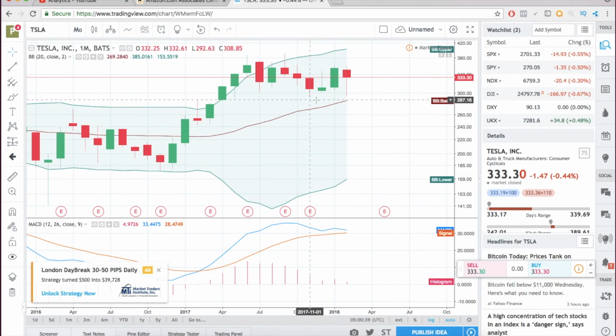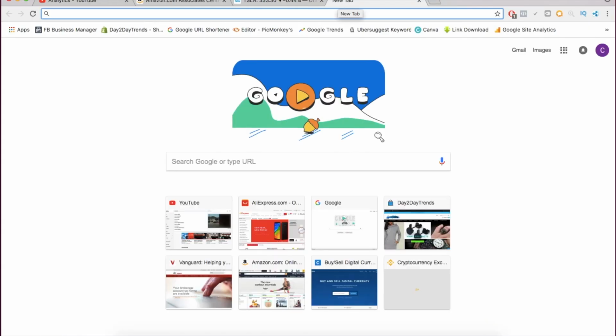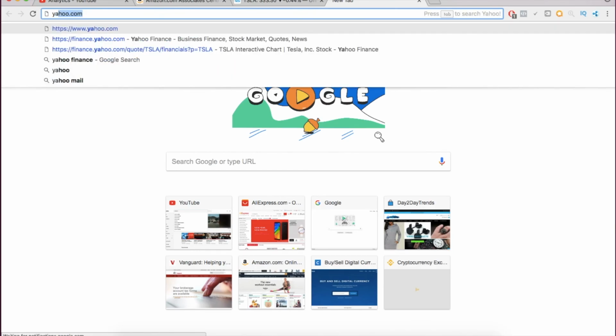For those who want to get a little bit more techy, more technical, and want to understand how to do price projections, price forecasting, this is the tool to go to. Now there's another one that is also free of charge, just like TradingView, and that's Yahoo Finance.